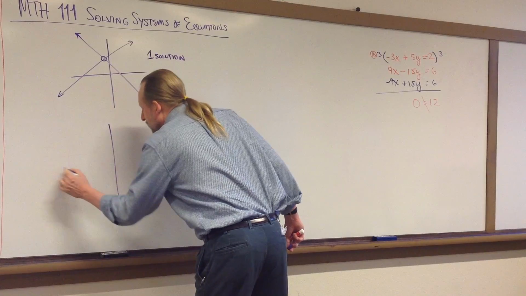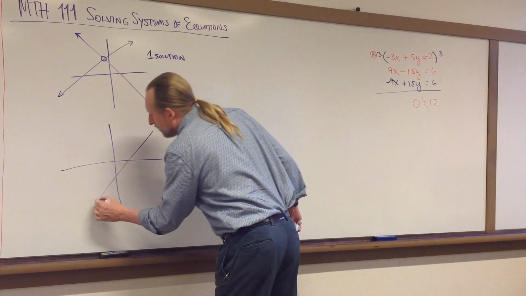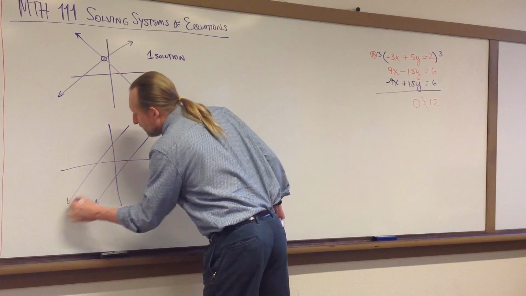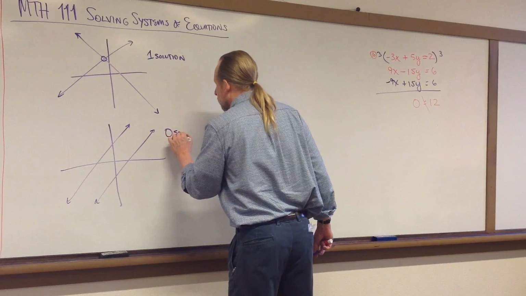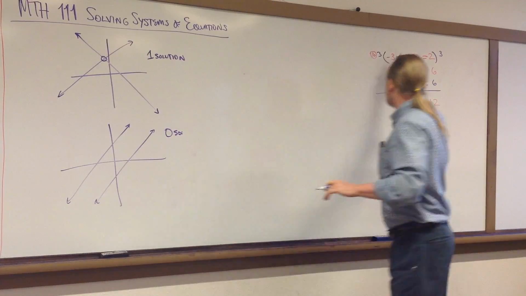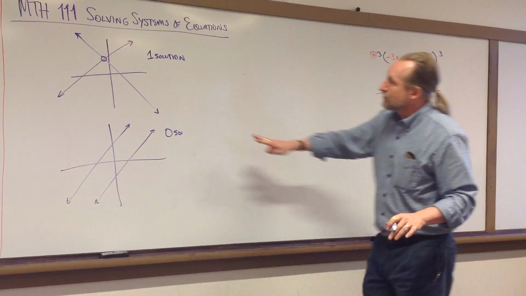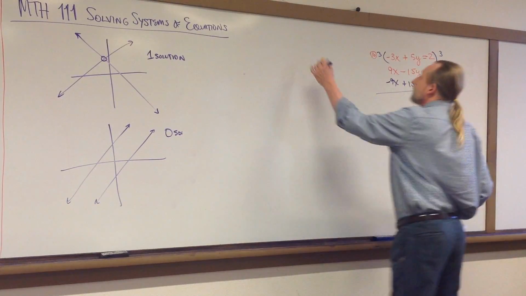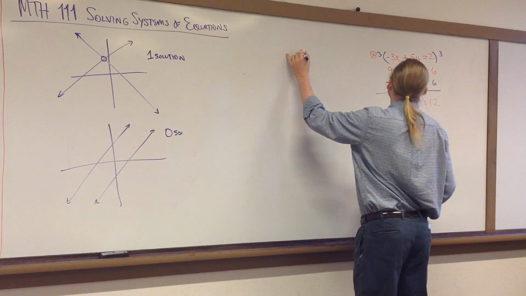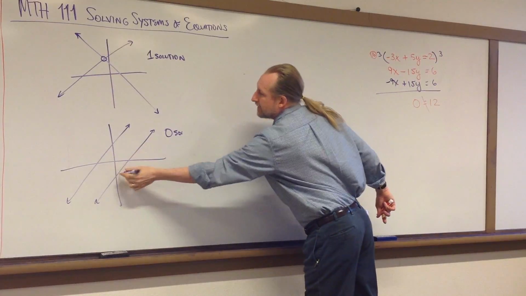Now, in problem 12, it was hard to see because of all the fractions, but in problem 16, we're getting 0 solutions because both of these are actually the same equation twice, but with a different y-intercept.